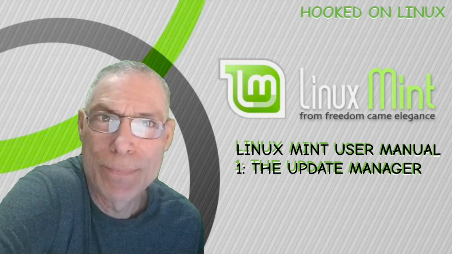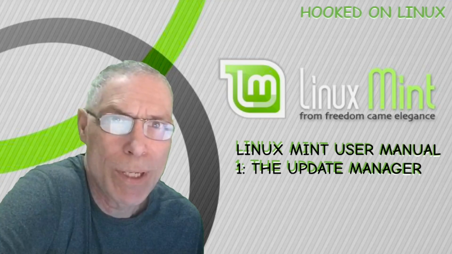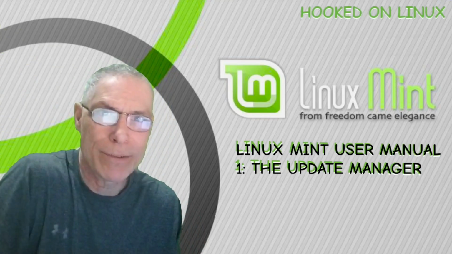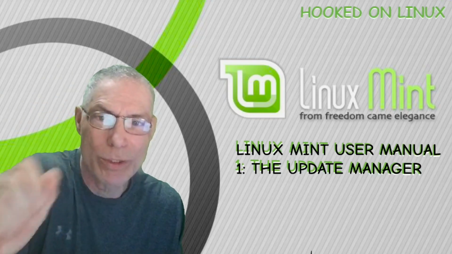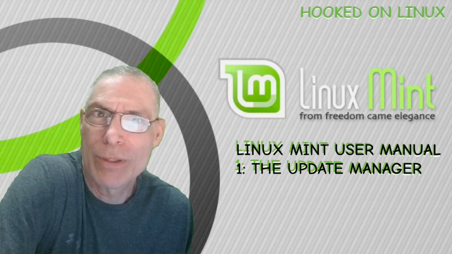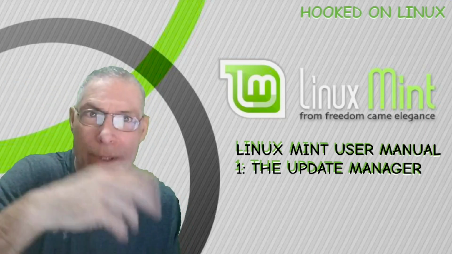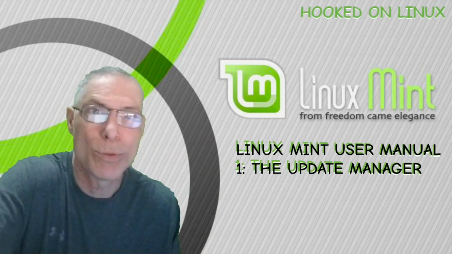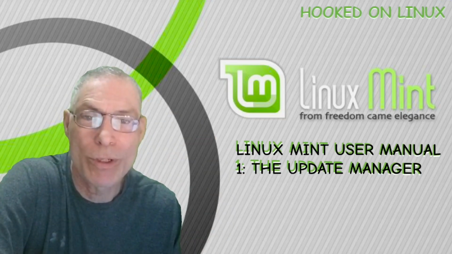So the kernel is the central part of your operating system. This is the entire brain, all written into this kernel. It does all the communication with all your hardware and your peripherals, and every program that you put on there goes through the kernel.